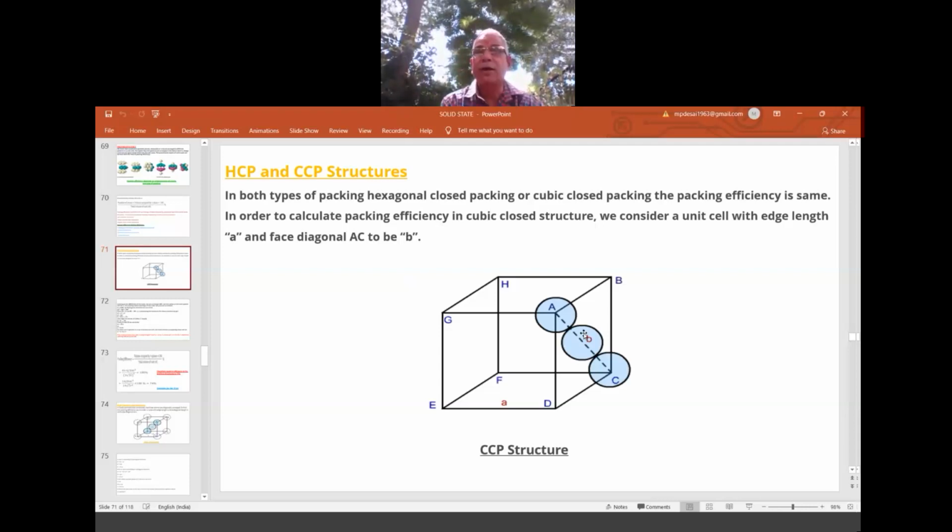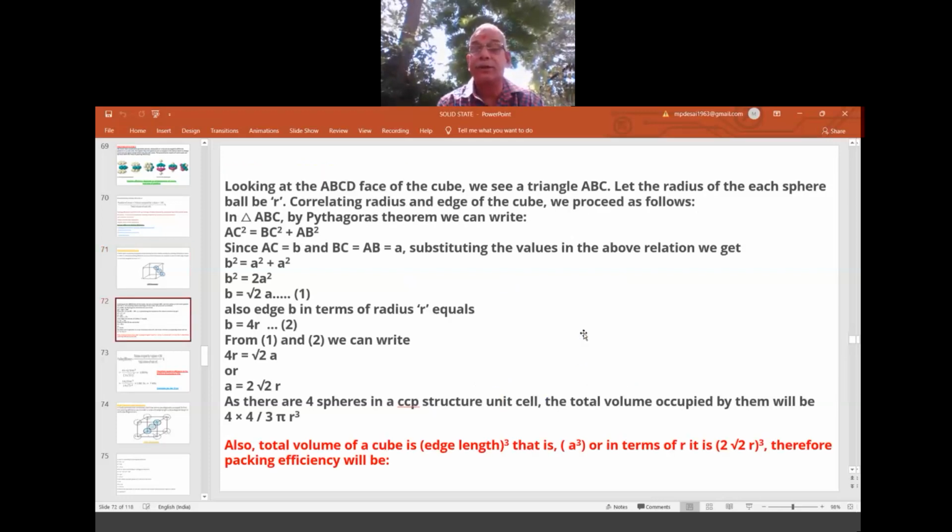Why? Because first we have to calculate the volume of the FCC cube, and then how closely the particles are packed is separate. By this division into 100, we get the packing efficiency. Please look here at the ABCD face. AC square equals BC square plus AB square, strictly according to the Pythagoras theorem.